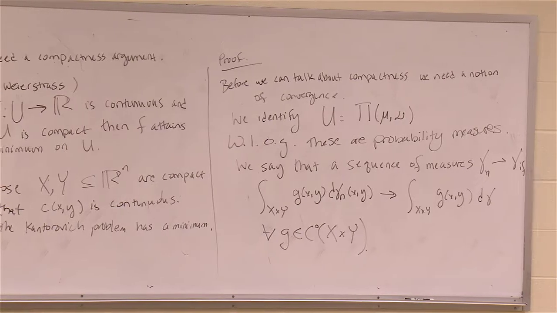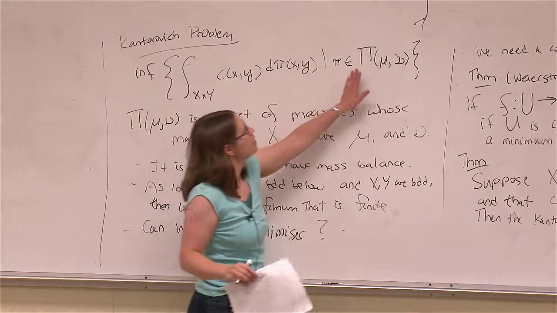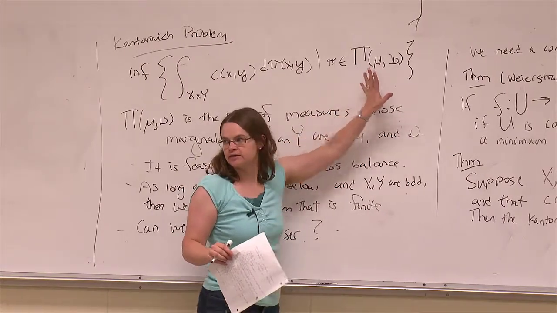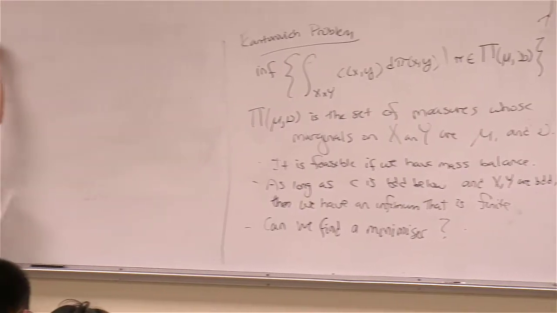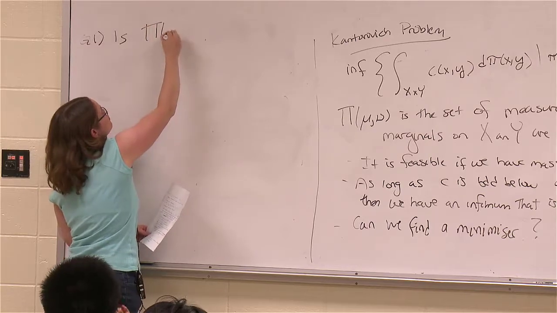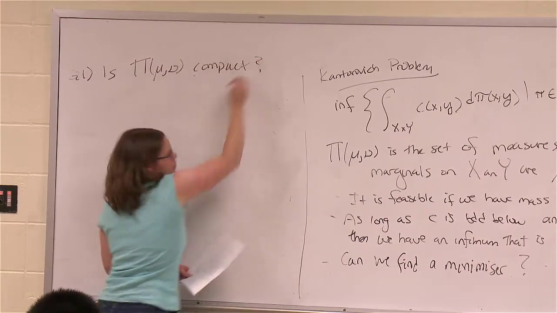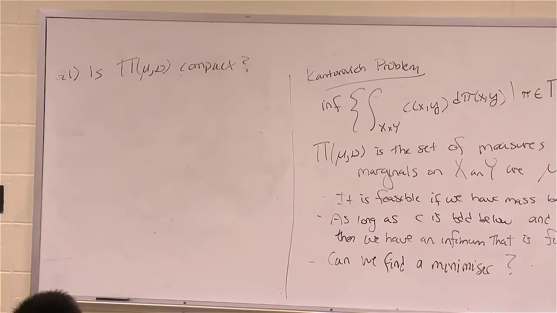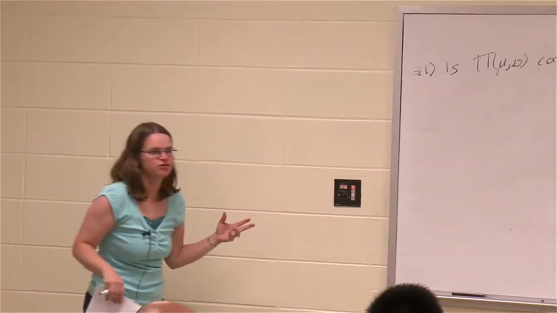Okay, so now we said we have two questions. Our first question was, is this set compact? So is pi(mu, nu) compact? So what do we have to do? We have to pick any sequence, right, and show that we can extract a convergent subsequence.